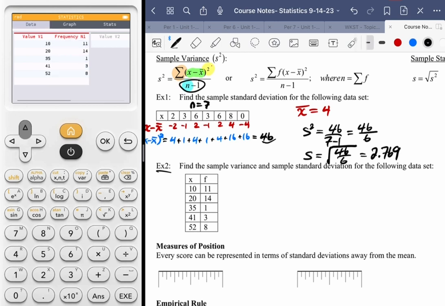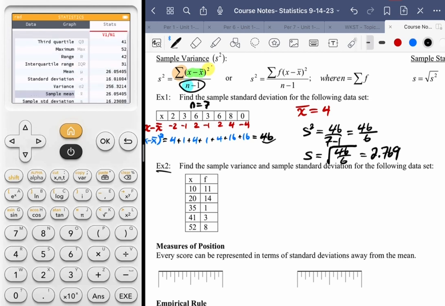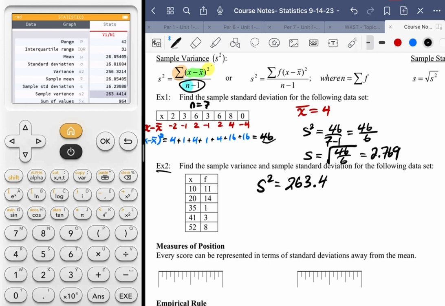Up and over, and down, and sample standard deviation here. Oh, they wanted variance too, so let me get that. S squared is the variance, 263.441, and S, which is our standard deviation, is 16.231.